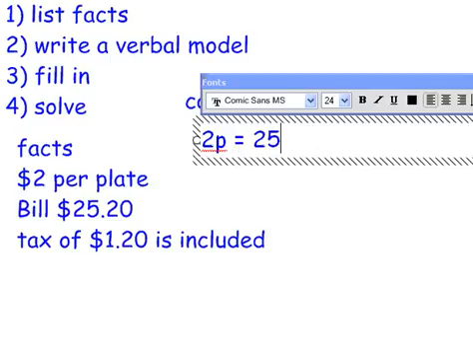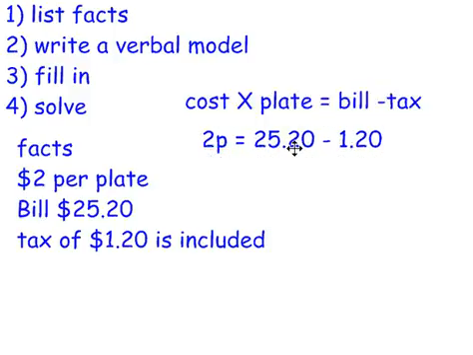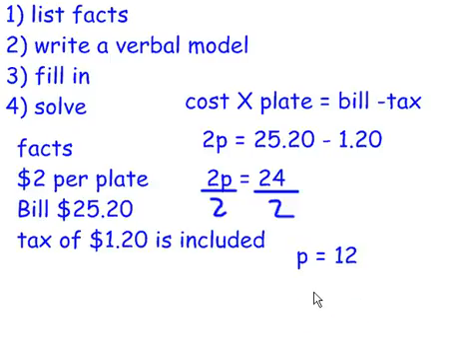So our bill was $25.20 minus $1.20. If we look at the right side, $25.20 minus $1.20 gives us 24. So we have 2p is equal to 24. And to get p by itself, we're going to divide both sides by 2. And that leaves us with p is equal to 12, or that the party ordered 12 plates.